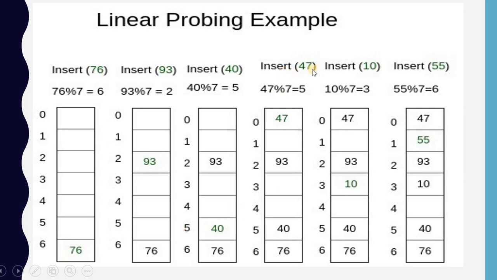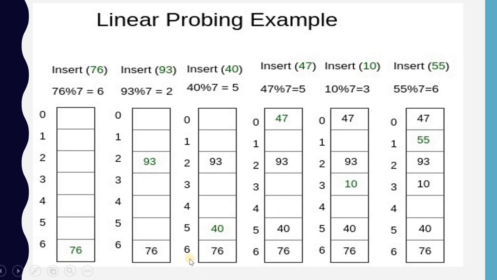Next, insert 47. Now here you will get the hash value as 5, and the hash value 5 already contains 40. So here the collision occurs. 47 and 40, both keys map to the same hash value. When a collision occurs, you have to look for the next empty slot in the same table.